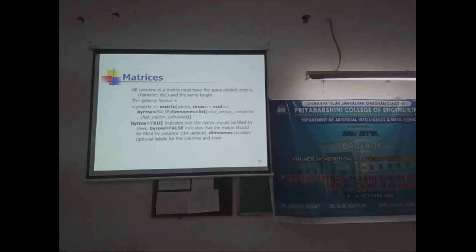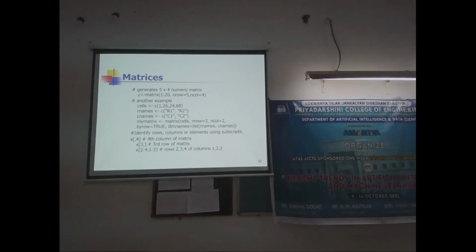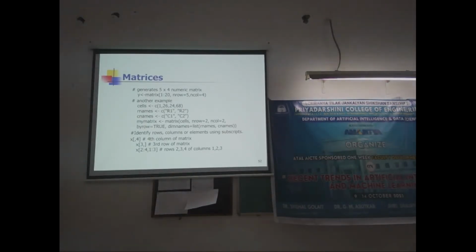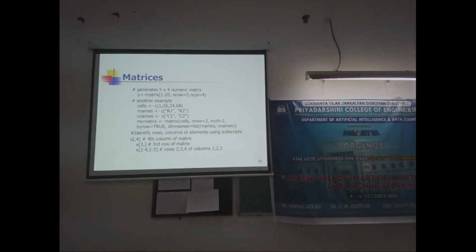So these are very important. And then the variable names, whatever names you want to define for the columns, in case you want to. And this is one example. You can try it out quickly with matrix, and you will see how it looks. Because most of the time you will be working in matrix form.